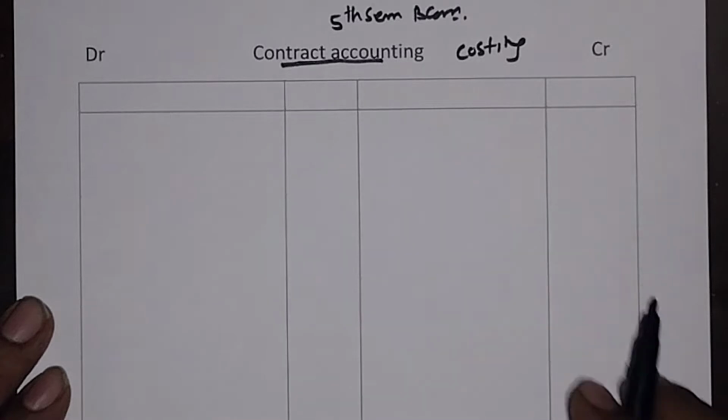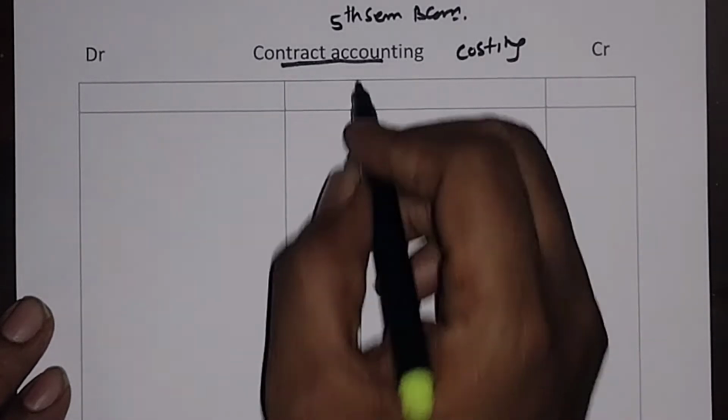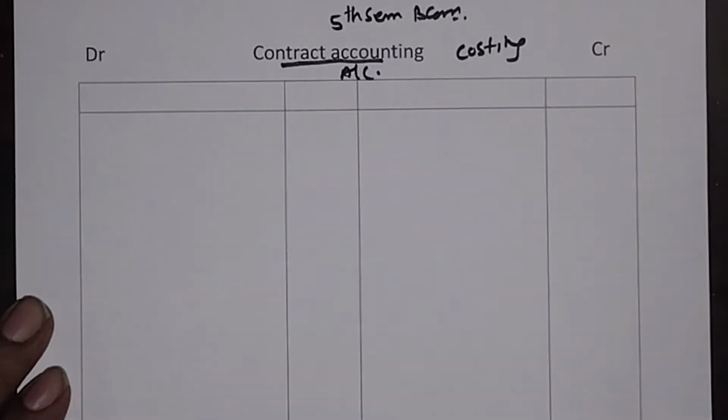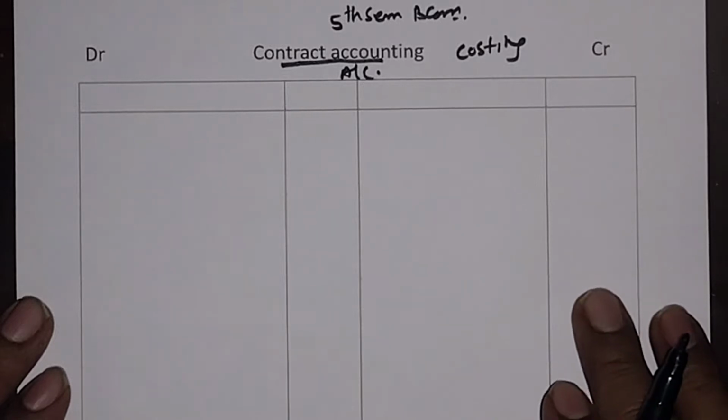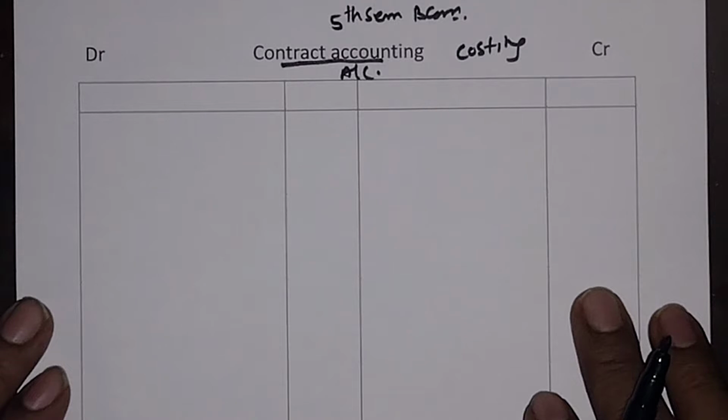In this we are preparing the contract account. A contract is the constructing of buildings, canals, bridges, flyovers, all this. Once the contract is started, the completion of the contract will take 5 years, 10 years, 2 years, 3 years.